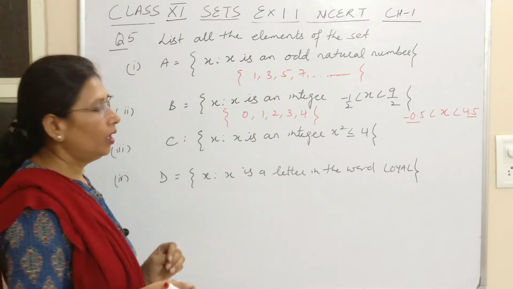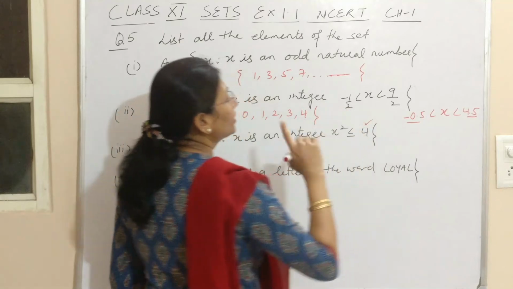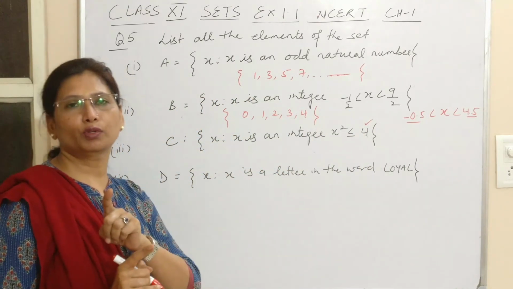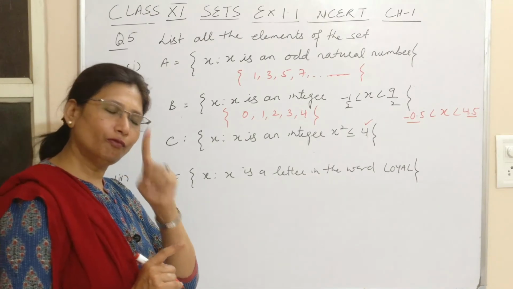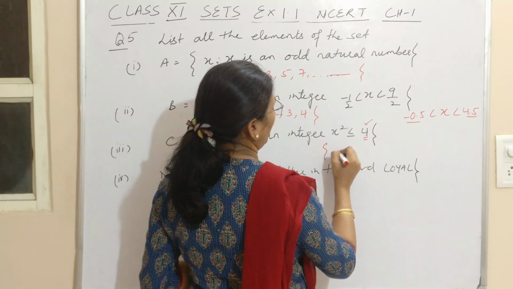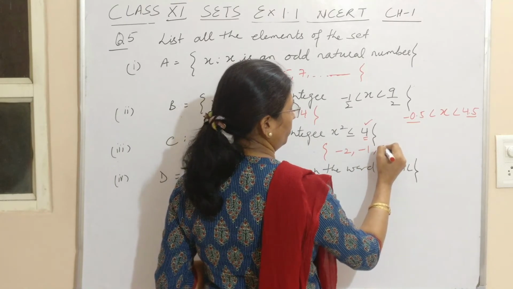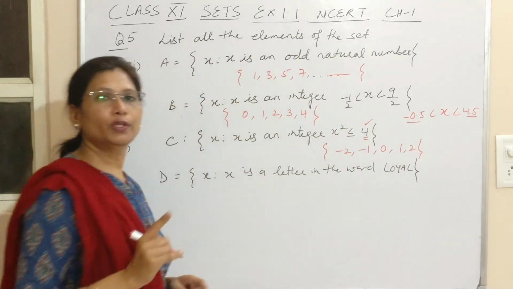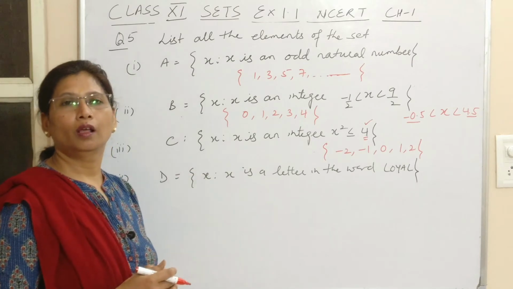Third part, this is also an integer, but x square is less than or equal to 4. Here one thing to keep in mind is that negative numbers will also come. The value can be equal to 4 also, it can be less than 4 also. So I can write minus 2, minus 1, 0, 1, 2. These are the elements of the set defined by this statement.